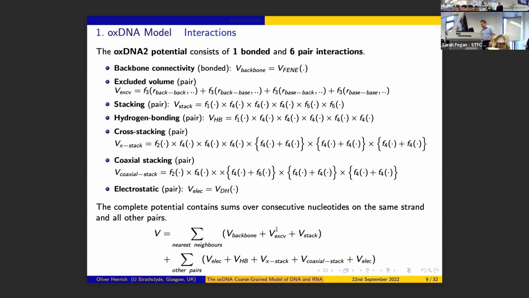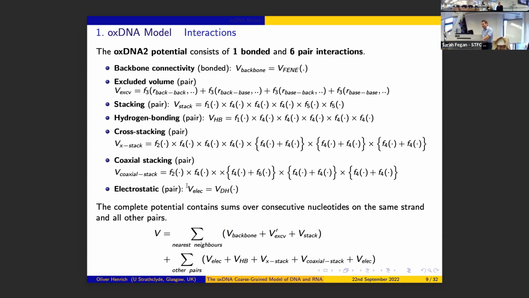This is why this prime here occurs. But in general, you have these 4 terms, and then stacking contains some other factors, and hydrogen bonding. So you see it's quite involved, and this is in principle how these interactions are constructed, what they look like.